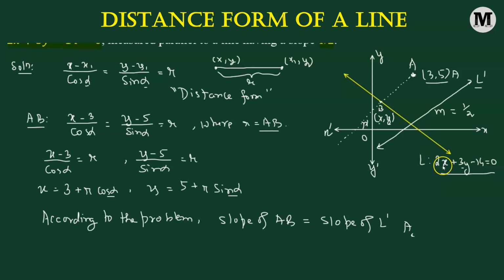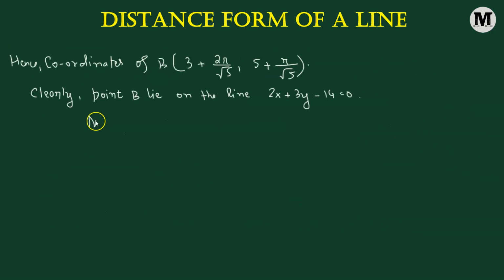So now we get 2 times 3 plus 2r over square root of 5, added to 3 times y, so y is 5 plus r over square root of 5, minus 14 equals 0.